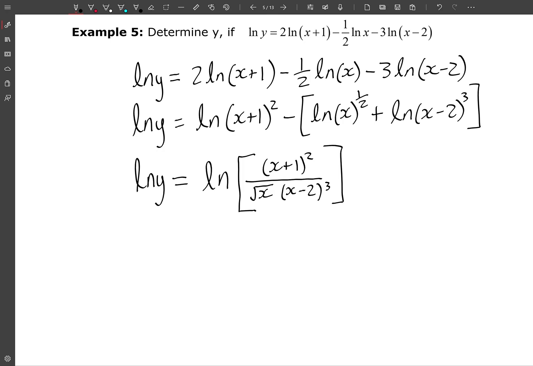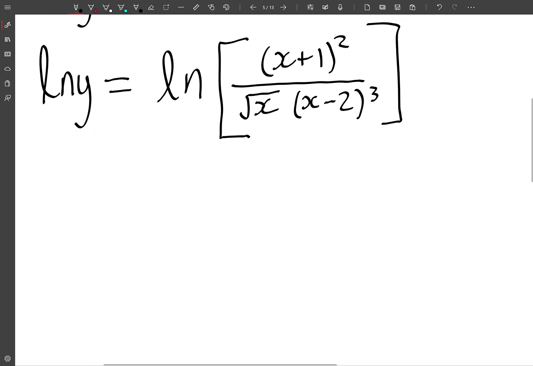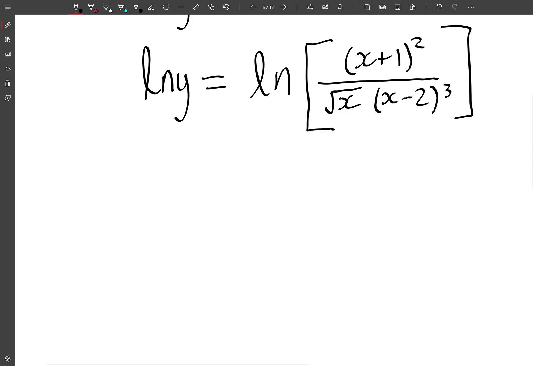But now what I can do is take each side and raise it as an exponent of e. This is a nifty trick for getting rid of natural logs, by the way. If you're trying to get rid of the natural log, just put it as the exponent with the base of e. Easy peasy.